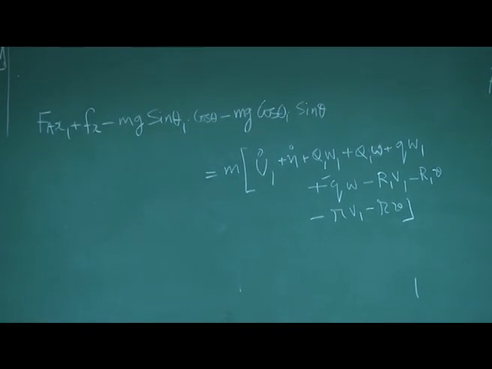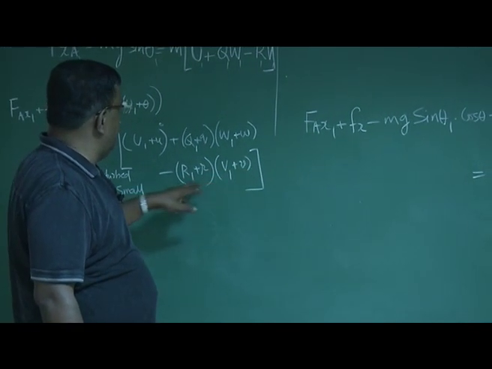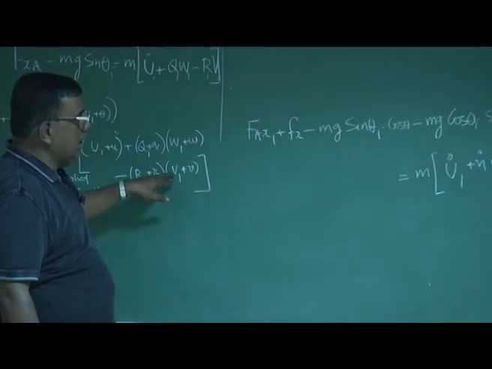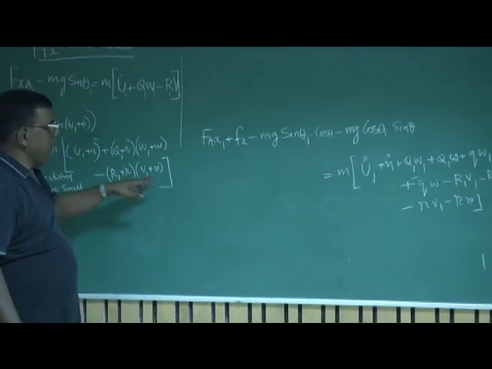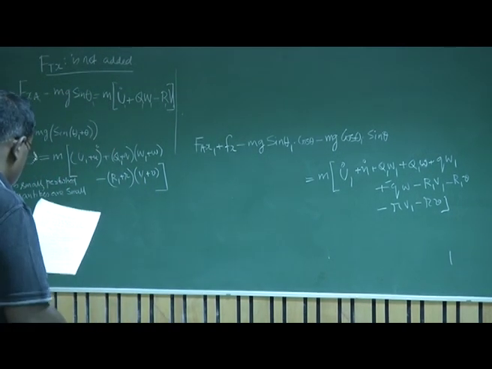Then minus r1 v1, yes, r1 small v, very correct, and then minus r v1, yes, minus r v, oh, very good. We could do this wonderful expansion, very good.